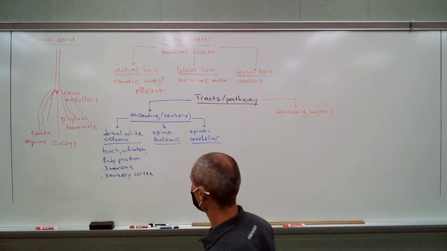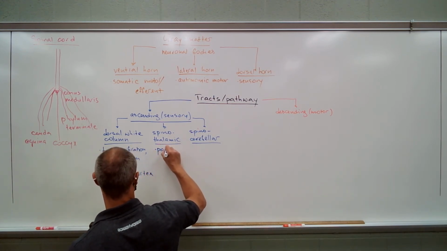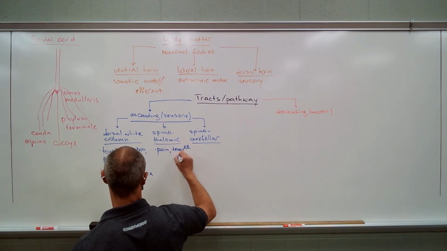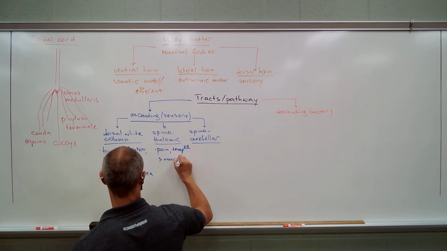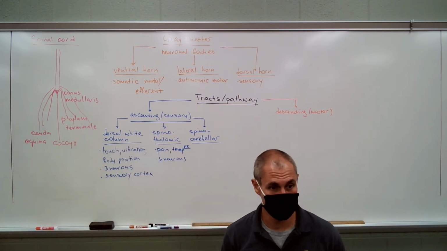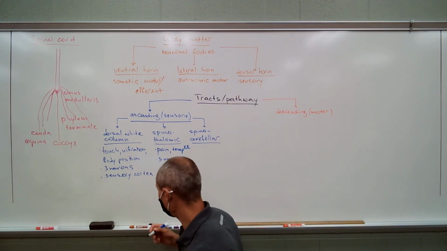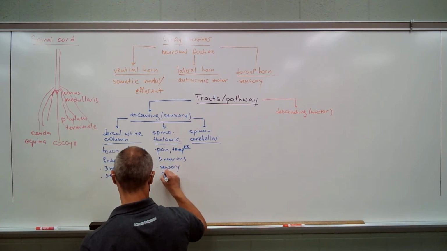Spinothalamic is responsible for transmitting signals of pain and temperature. It also has 3 neurons. And the name is kind of deceiving. It does go through the thalamus, but it also conveys the signals to the sensory cortex.